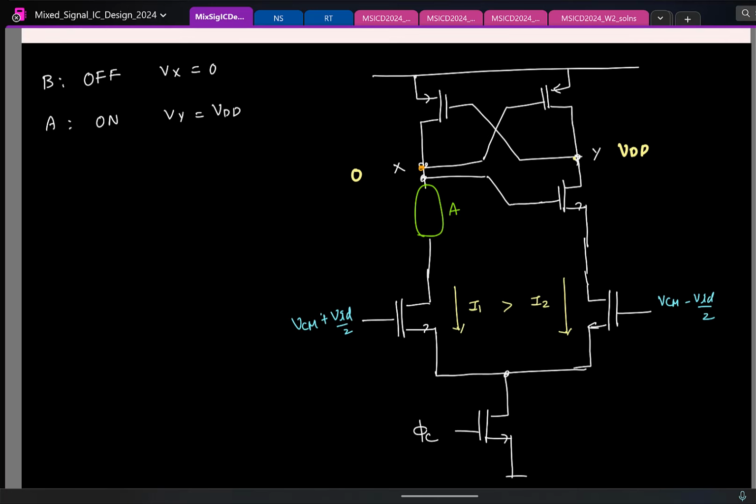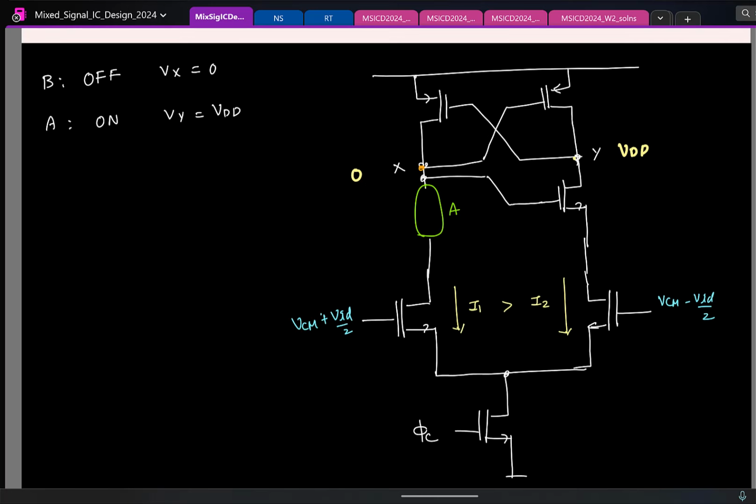X and Y are settled or? No, we cannot detect when it is settled. We'll put the circuit like this and see what happens in the voltages. So this is done. Similarly, A has to be replaced by another NMOS. What should the gate of this NMOS be connected to?